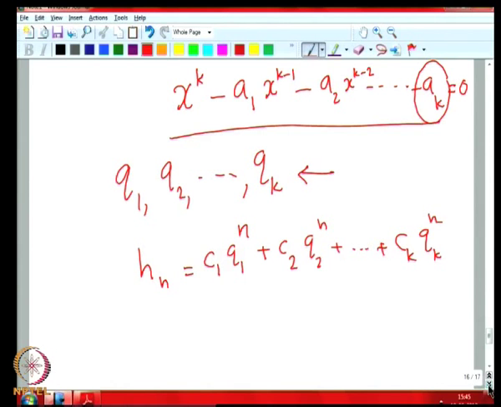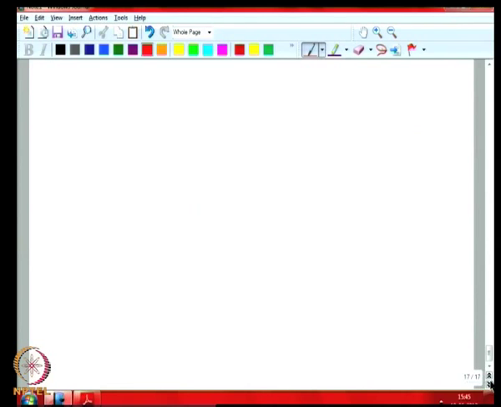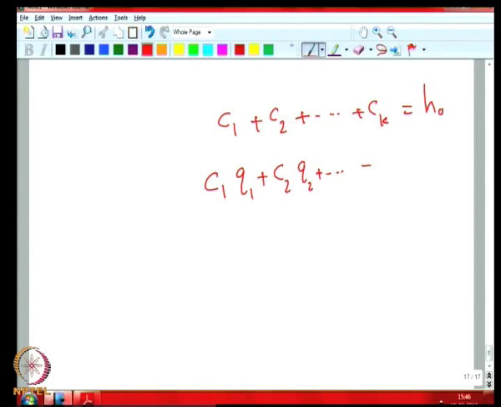Now, you put n equal to 0 in this. What do you get? You get C1 into q1 raised to 0, that is just 1, plus C2 into q2 raised to 0, that is again 1, and so on, plus Ck. This is H0. Now, put n equal to 1, you will get C1 q1 plus C2 q2 plus Ck qk is equal to H1.